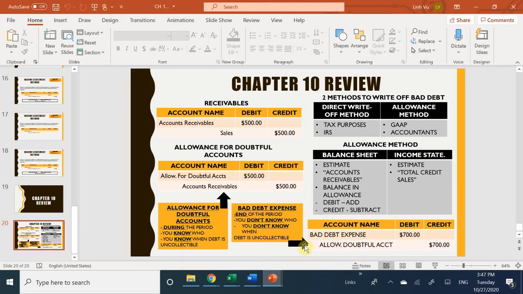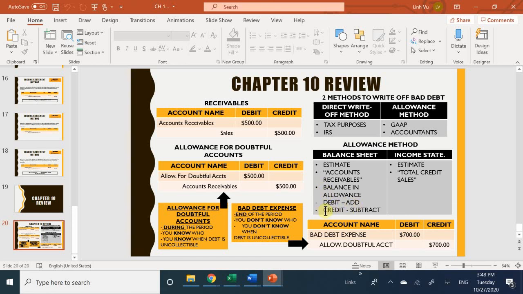So again, utilize this little review worksheet because it tells you a lot of things. Dealing with the balance sheet, you just need to look at the estimated number. If you see the keyword accounts receivable and there's a debit balance, you're going to add.